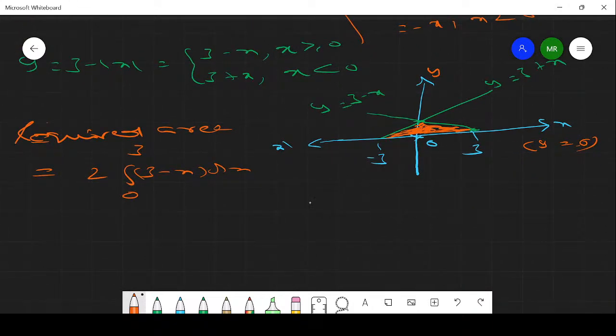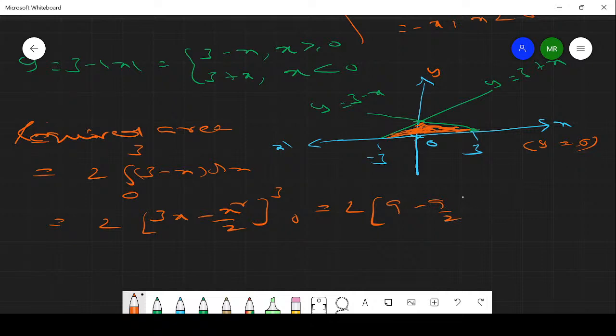Now this will be 2 into the integral of 3 minus x dx, which is 3x minus x square by 2, with limits 0 to 3. 2 into, at the upper limit, you will get 9 minus 9 by 2.